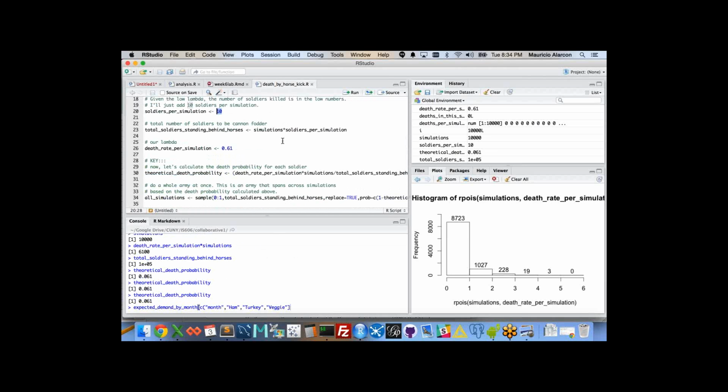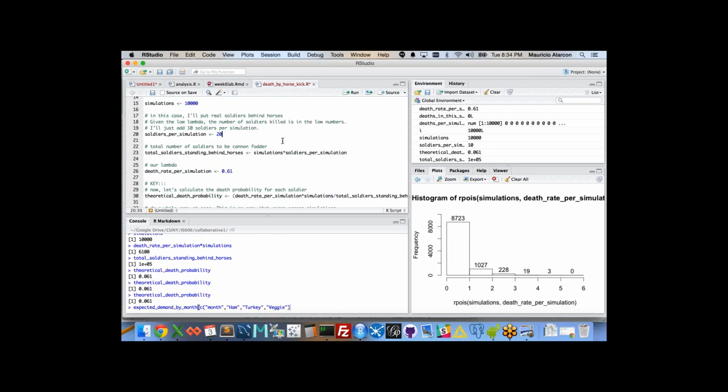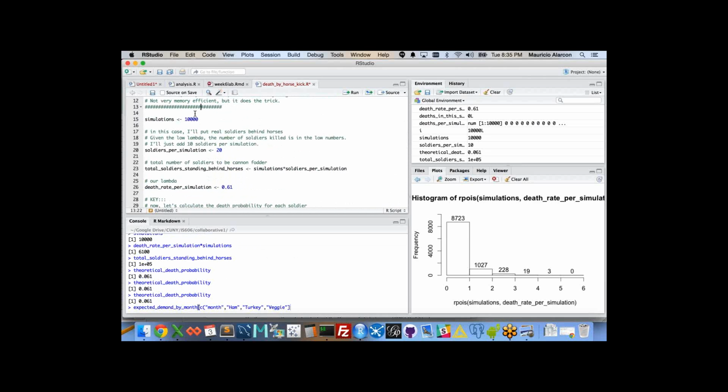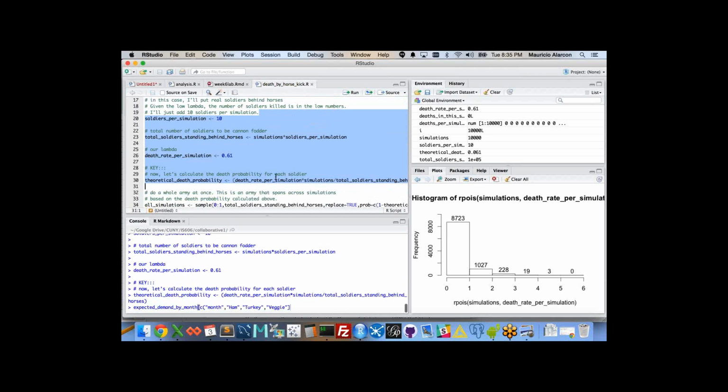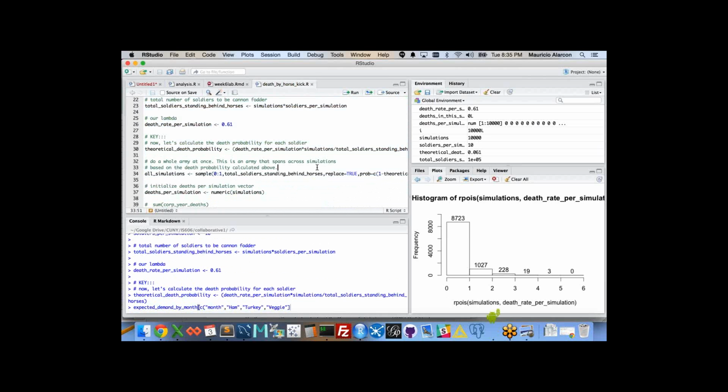So let's say I put 20 people per corps here. Let's just go back here for a second and let me add it. So I have my theoretical death probability, and I'm going to do all of my simulations.